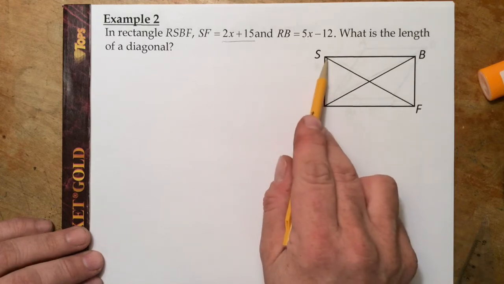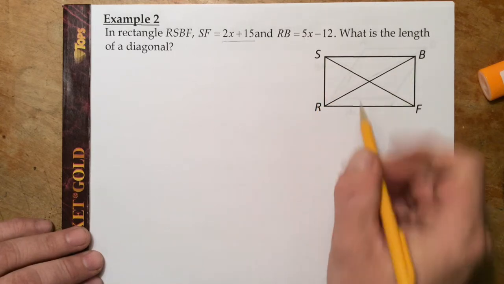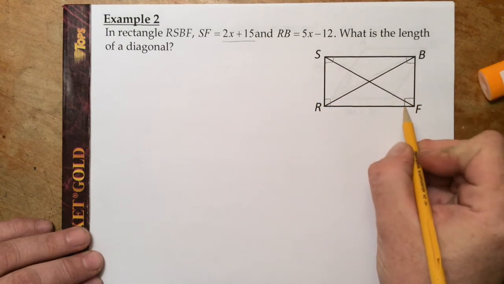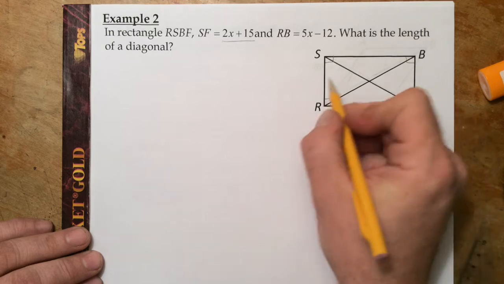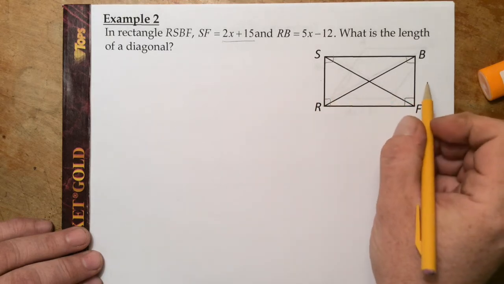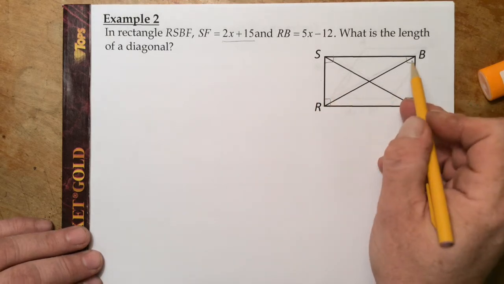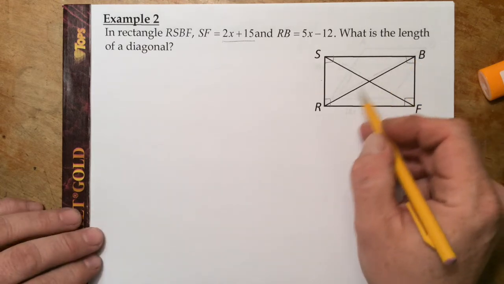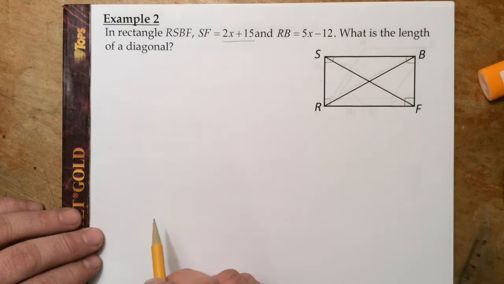So the relationship between two diagonals in a rectangle, remember a rectangle is a parallelogram with all four congruent right angles and opposite sides are congruent. That means this is a parallelogram also. But the diagonals being congruent is what we're interested in.